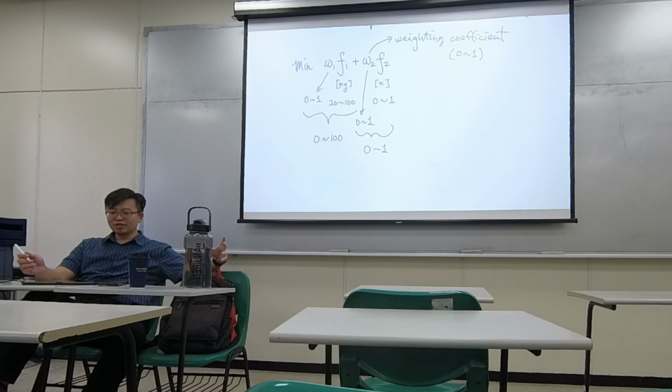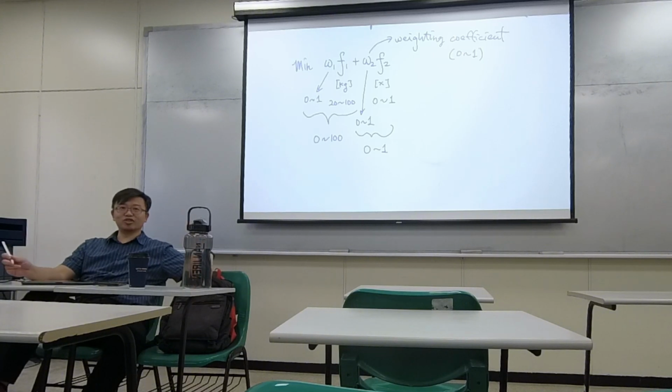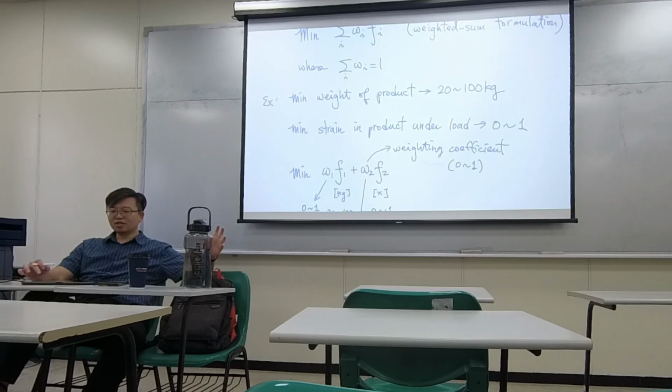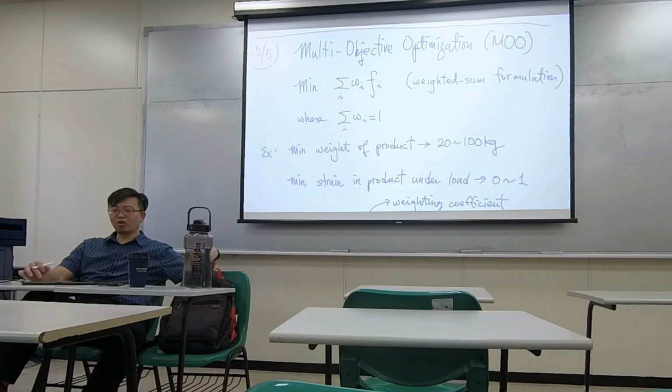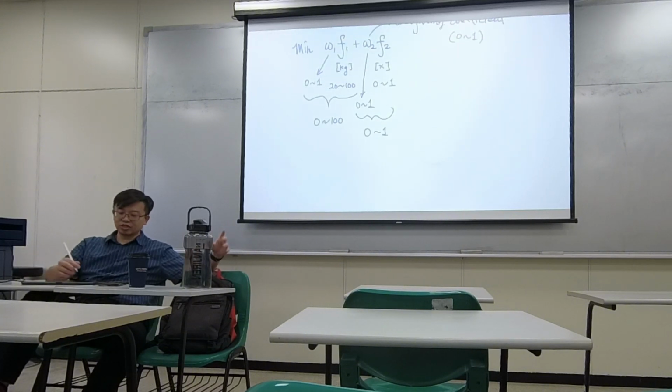So when you try to do optimization, it's kind of an unbalanced situation. So sometimes, due to the scale and unit difference in each objective function, people try to normalize them before they put them together. So sometimes normalization is good.